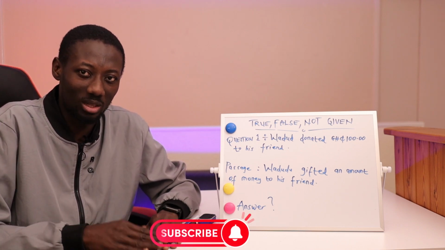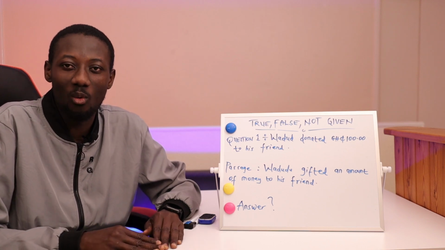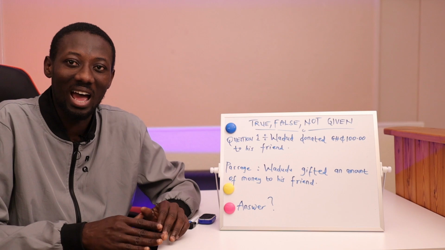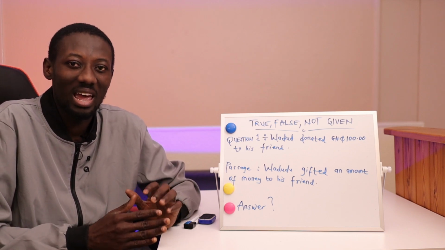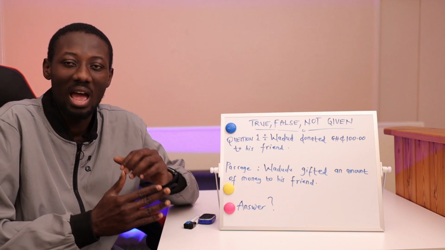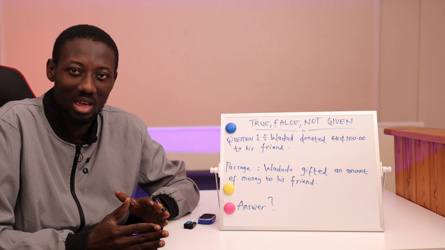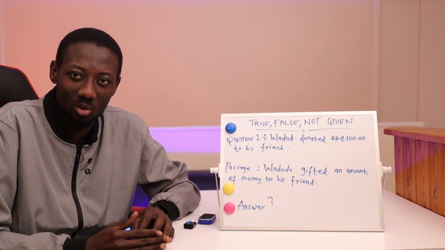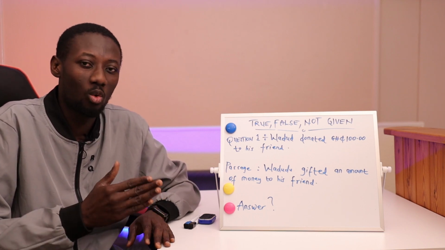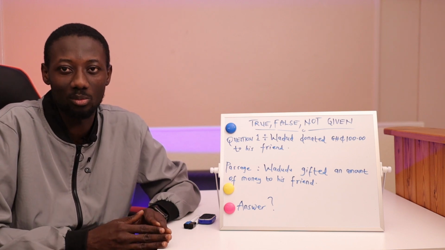So without wasting your time, I would move you over to my screen where I'll show you an IELTS reading passage and true, false, not given questions. You see how the passage appears and how the questions come under the passage. Afterwards, I'll explain what true means, what false means, and what not given means. Then we can look at how to answer some questions.